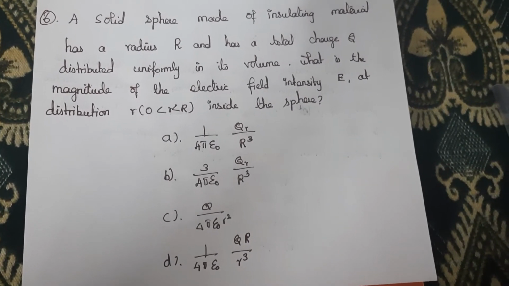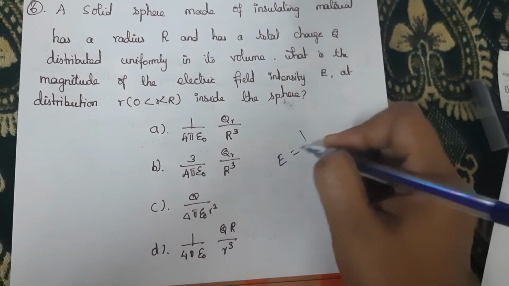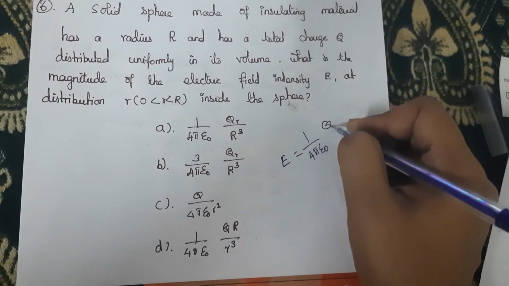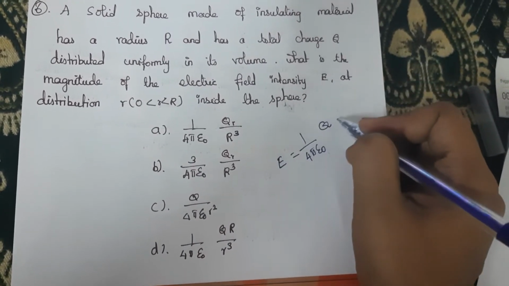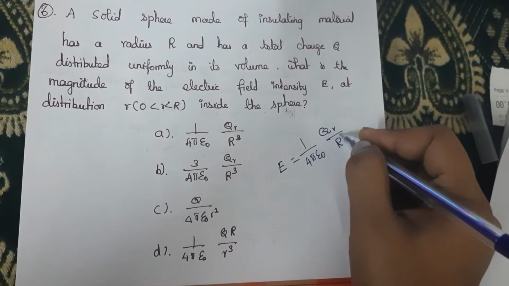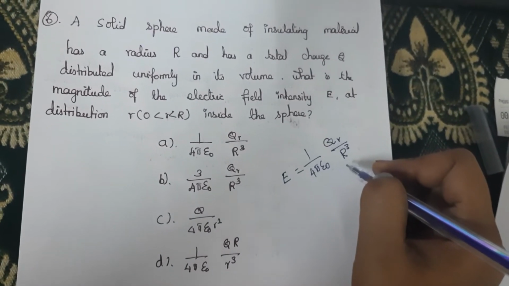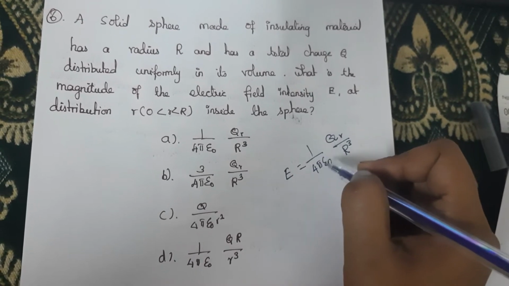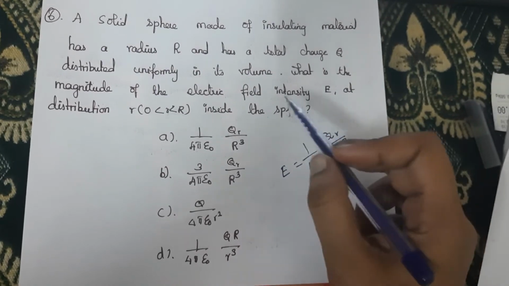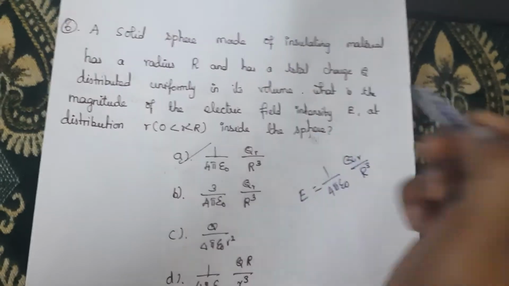The magnitude of the electric field intensity E is E equal to 1 by 4 pi epsilon naught into charge Q times r, divided by R cube. So this is the electric field intensity equation E, that is 1 by 4 pi epsilon naught Qr divided by this radius capital R cube. So here the answer is A.